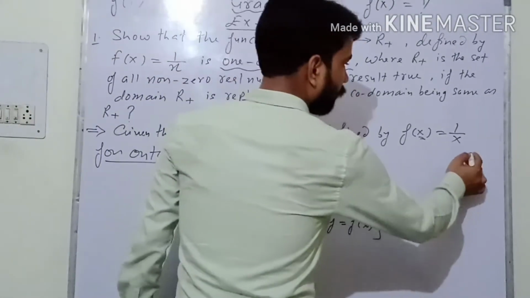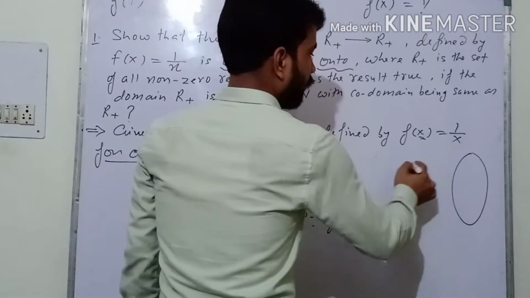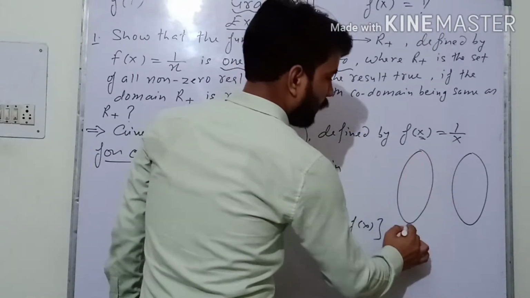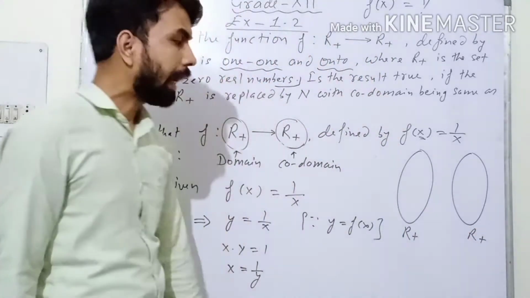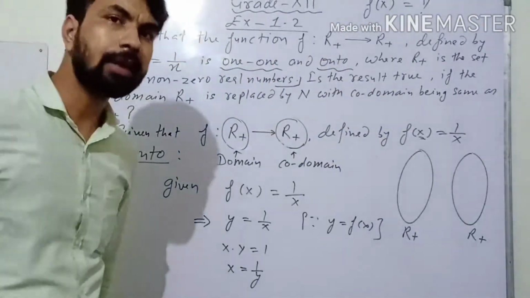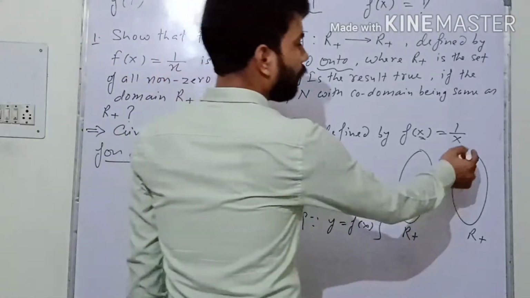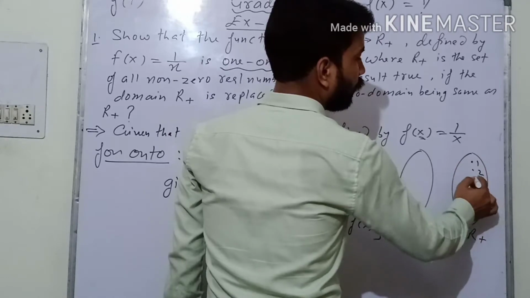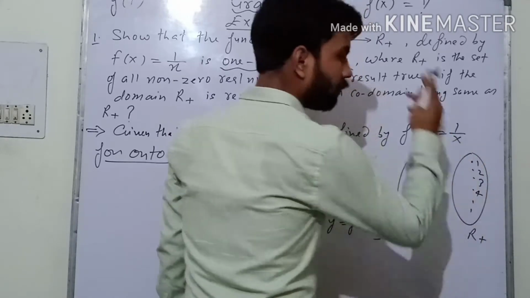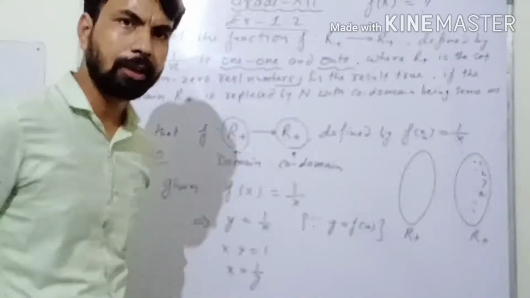See, this is the domain and this is the codomain, and both are the set of all positive real numbers. So I am talking about the codomain. In the codomain, 1, 2, 3, 4 and so on, infinite numbers will be there.